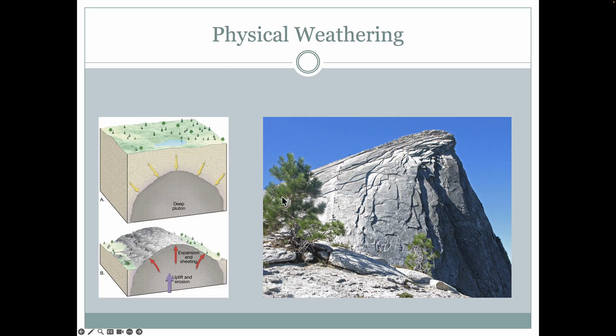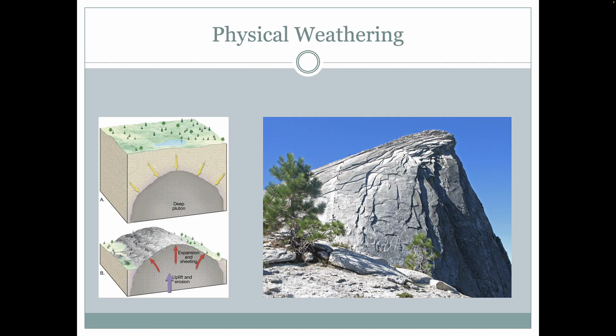However, when it comes to the surface, like Half Dome here, we can see that suddenly all that pressure on top has been relieved, and this can cause the top layers of the rock to flake off. And we can see this flaking occurring over here at Half Dome. There's some people hiking up to Half Dome there. We can see all of these thin layers, like layers of an onion, that are slowly peeling off because Half Dome is under a lot less pressure than it was when it formed.